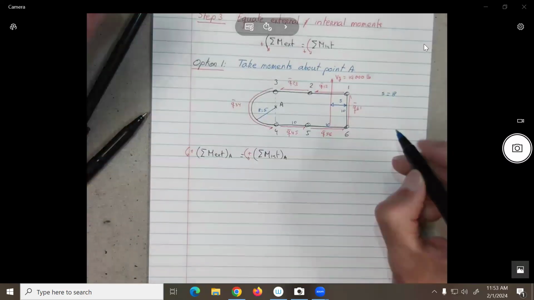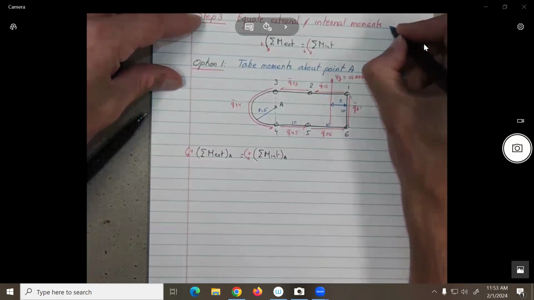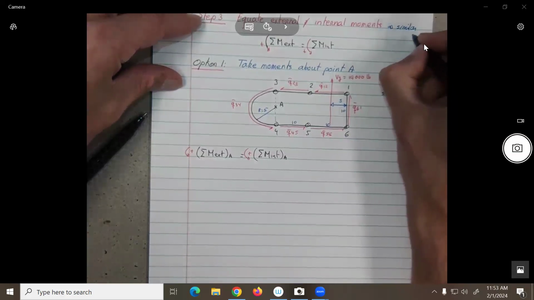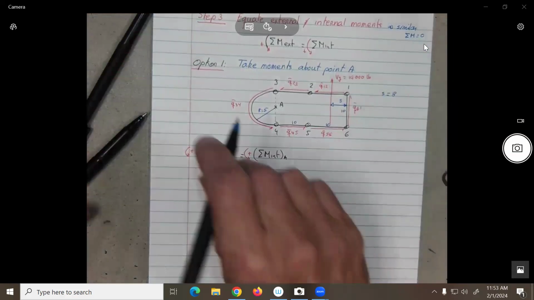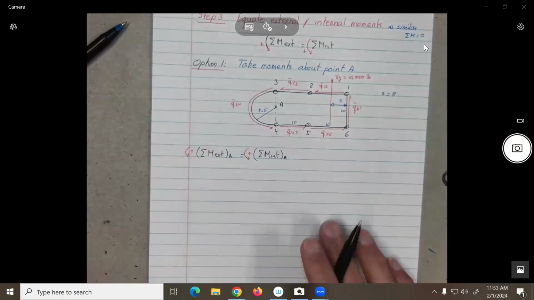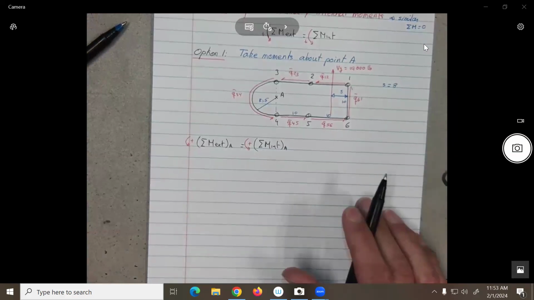So this stage is equivalent or similar to doing what? Summation of moments equal to 0, okay? So basically we say that if it's statically determinate, we should be able to use the static equations. Summation of force equal to 0, summation of moments equal to 0. So let's see what happened out here.